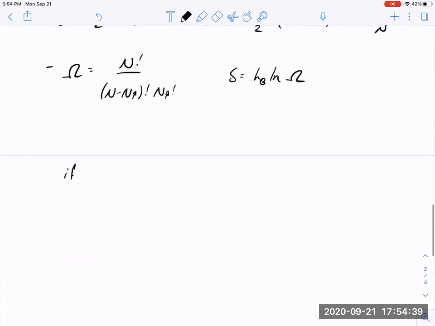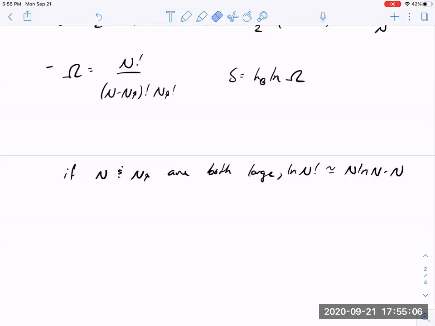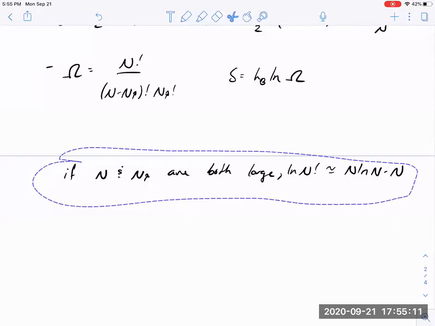So provided N and n up are both large, we can employ the coolest approximation in statistical mechanics, due to old Stirling. We can use Stirling to say that log of n factorial is nothing but n log n minus n. We have to do that a bunch of times for all the different factorials that enter into that omega. So that just gives us some algebra to do.